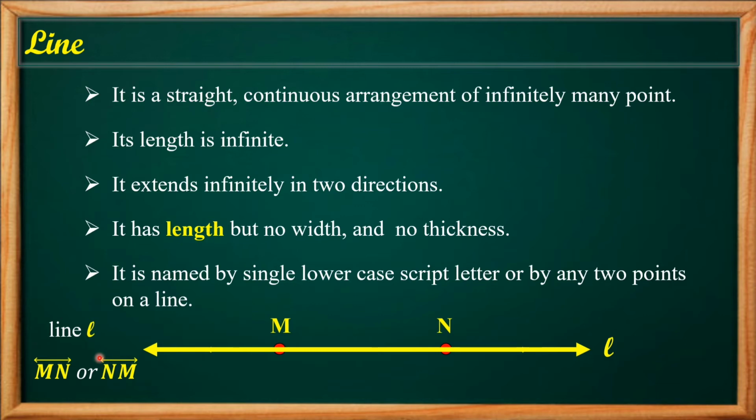That is why in naming a line, you are using the single lowercase script letter or the 2 points on a line, but remember, you need to write the symbol, which is a line above those letters. It will read as line MN or line NM. Okay? That is a line.